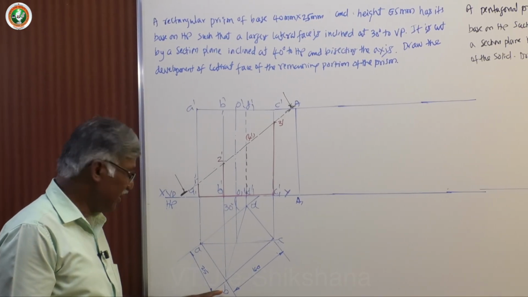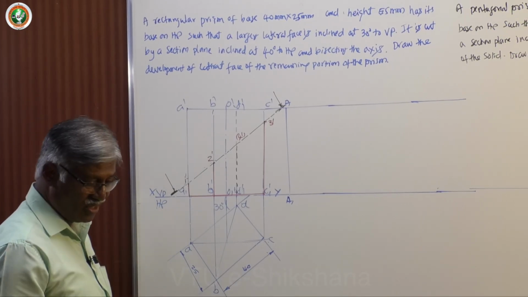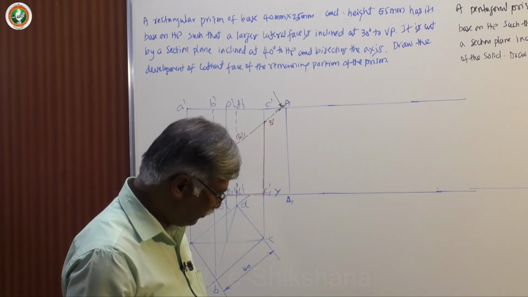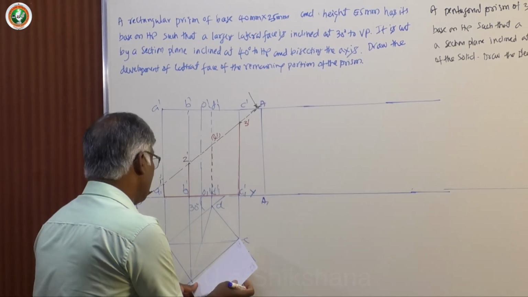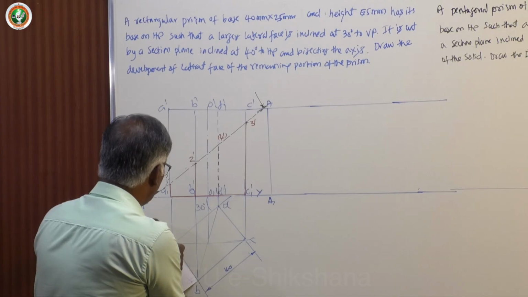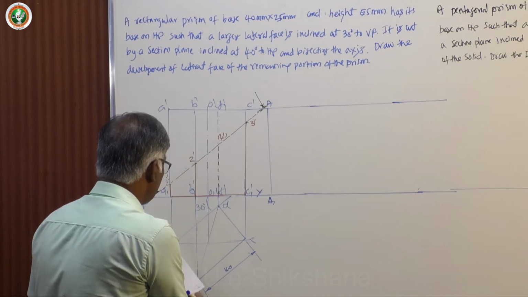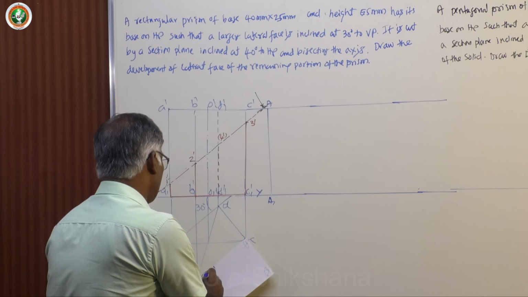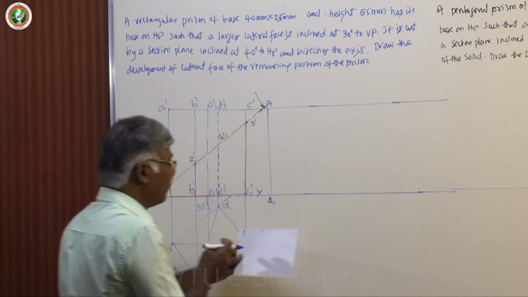AB is 25. BC is 40. Alternately, it will change. Now, you will have the distances. Say this is 40 and this one is 25. So, you take care of this particular item. Otherwise, it will lead to a problem. Now, first A to B is 25.